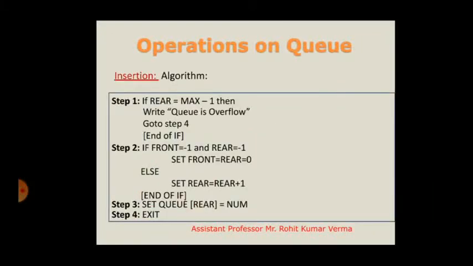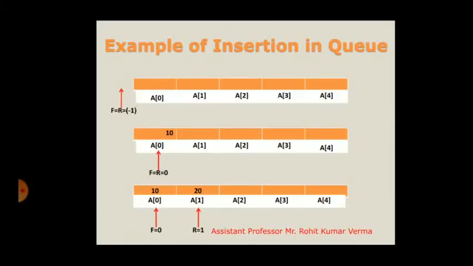Second, if our queue is empty, then we move to our first location. That's why we write here front and rear is equal to 0. So in the second queue, whenever you want to add an element and the queue is empty, that element is stored at the first location. Here the front and rear point to the 0th location.